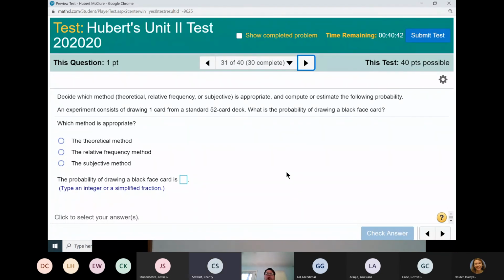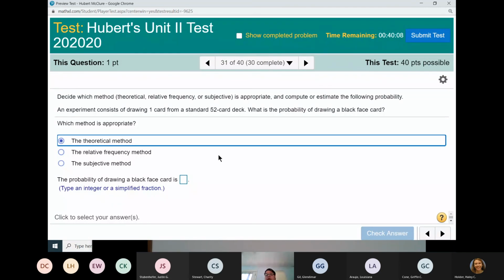Miss Holder, you're in your closet, so do you have a deck of cards in front of you? That would be a no. Okay, so that means it's not relative because she's not observing it. Do you feel that you know the answer in your heart? No. All right? That's just subjective, so take that out of the question. So what's the only thing left? Theoretical.